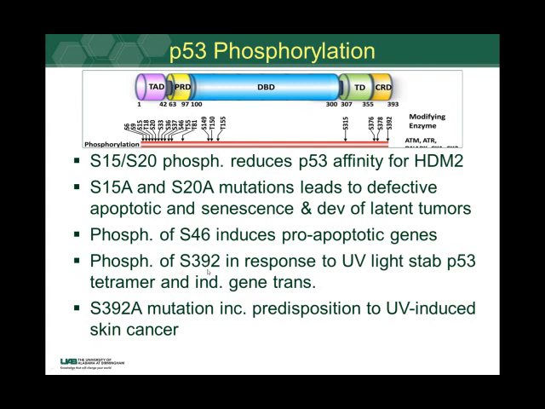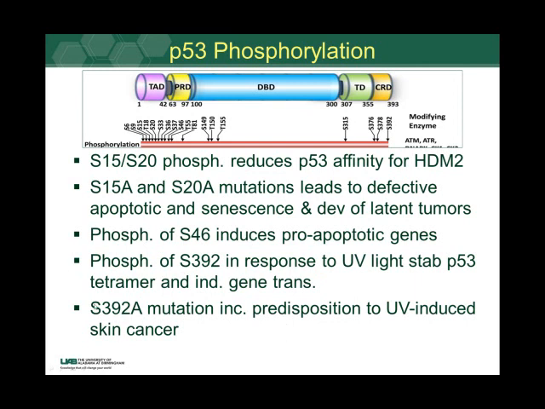Again, phosphorylation of serine 392, which is in the regulatory region, in response to ultraviolet light, stabilizes the p53 tetramer and induces gene transcription. So in response to ultraviolet light or DNA damage, it's going to stabilize the p53 tetramer so that it can serve its role as a transcription factor to elevate the transcription of a number of genes.